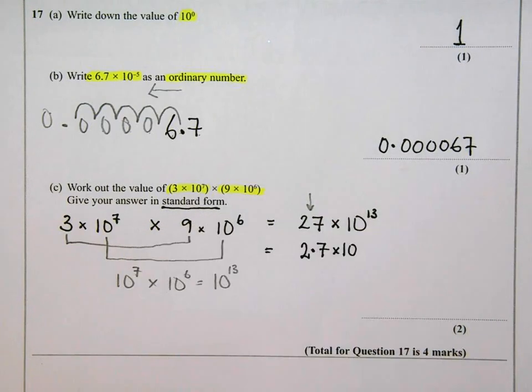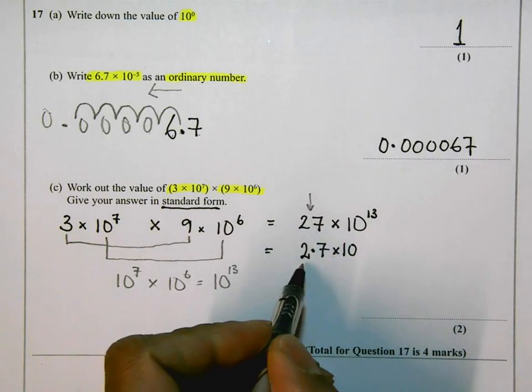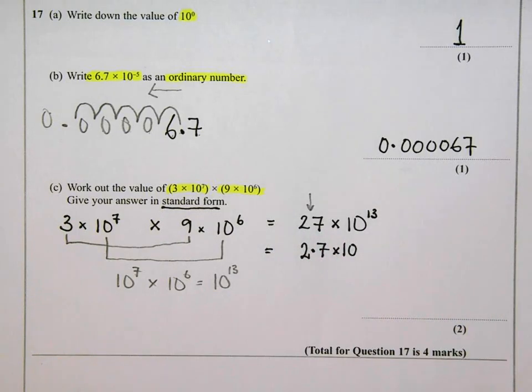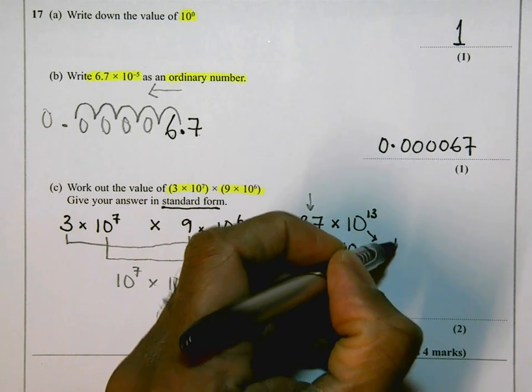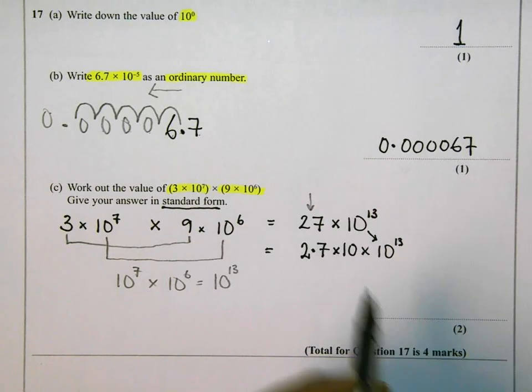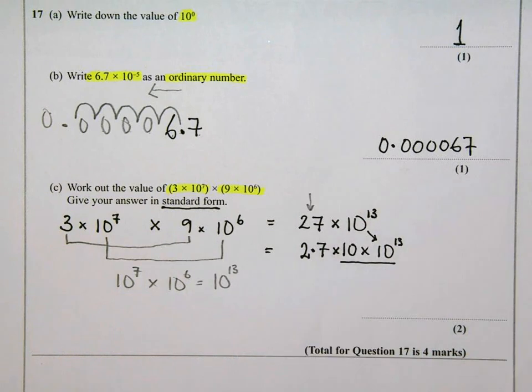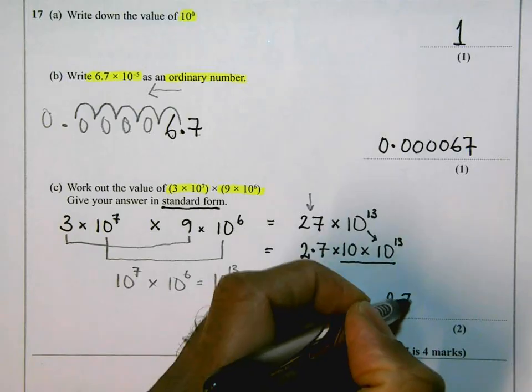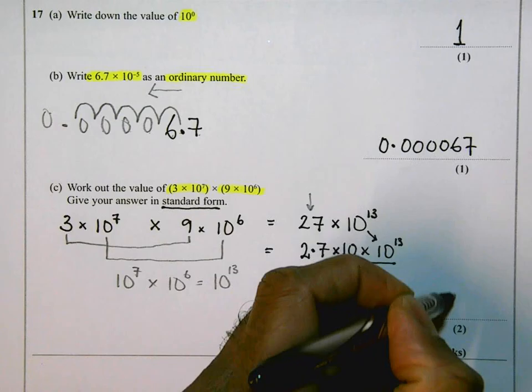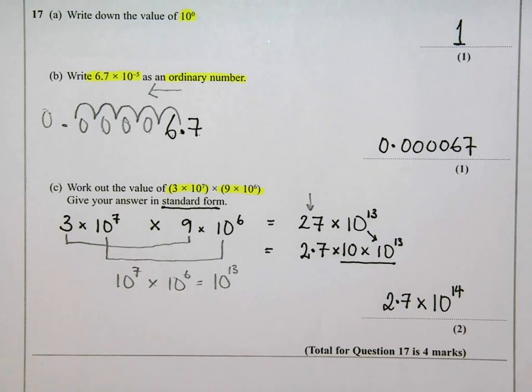So 27 is 2.7 times 10, and here is my 10 to the power of 13. If I combine these two, I end up with 2.7 times 10 to the power of 14. And now that is in standard form. The first part of the number is between 1 and 10, and I have 10 to the power of 14.